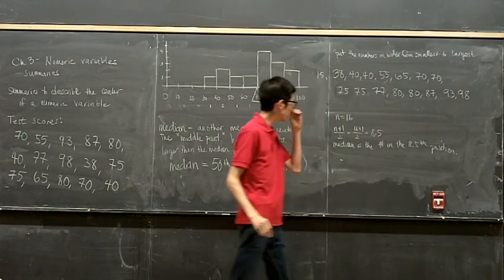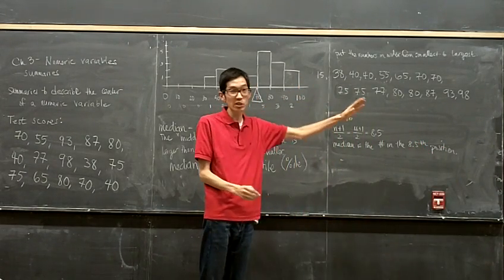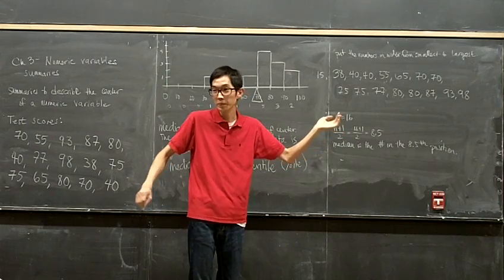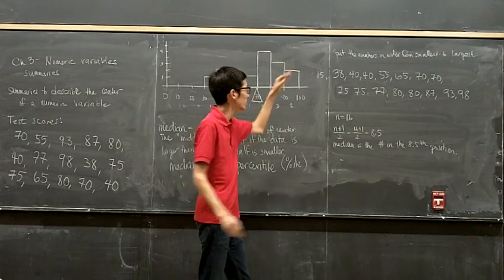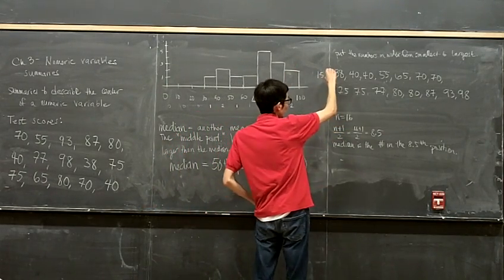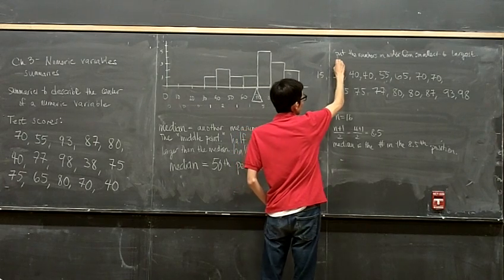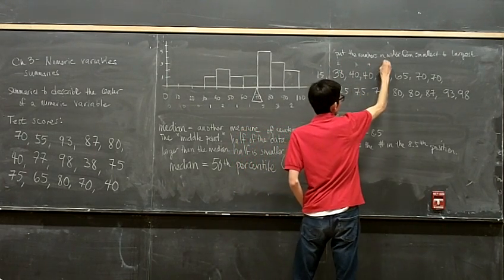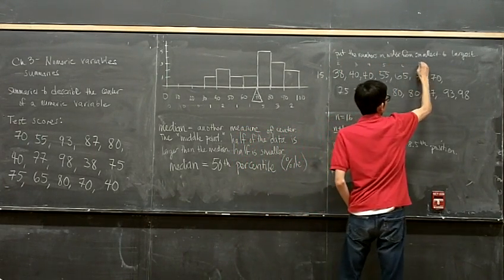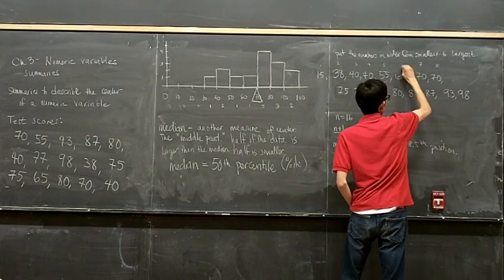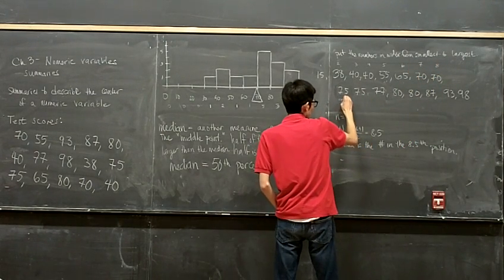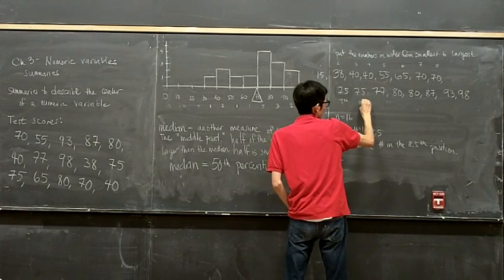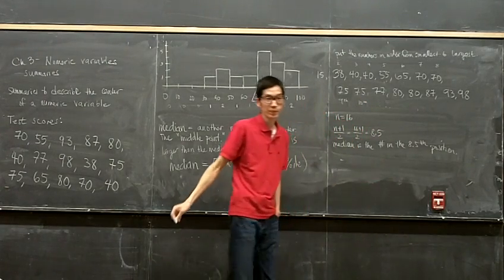Alright, so let's think about what that means. All of my numbers are still in order from least to greatest, right? So I'm going to number these. This is my first, second, third, fourth, fifth, sixth, seventh, and this is my 8th place number, and this is my 9th place number. Okay, 9th, 10th, so on and so forth.